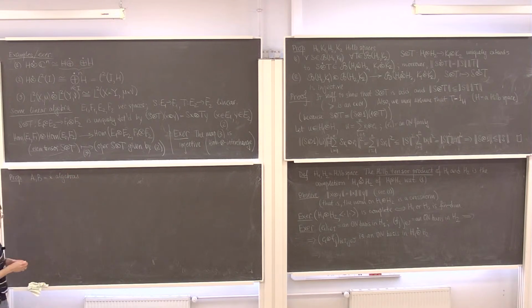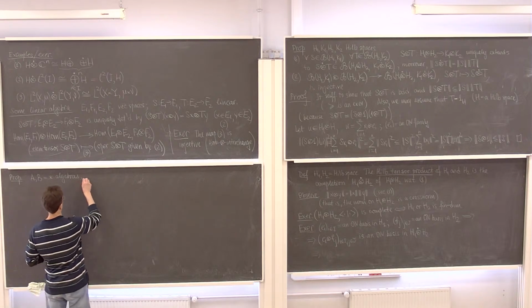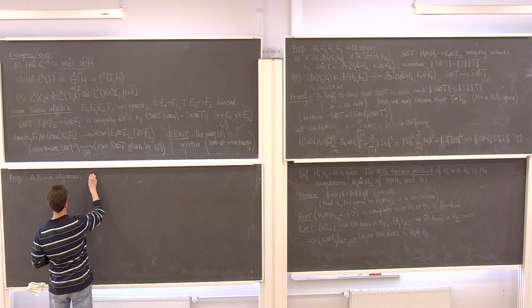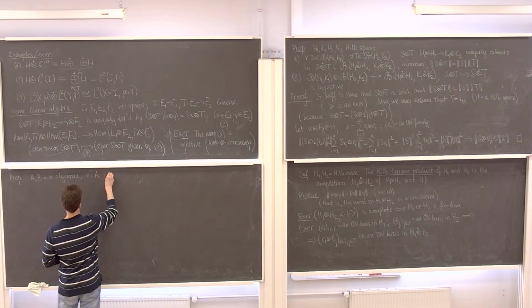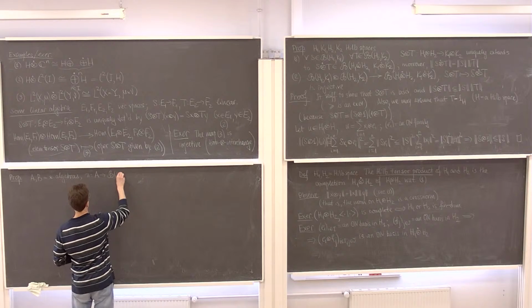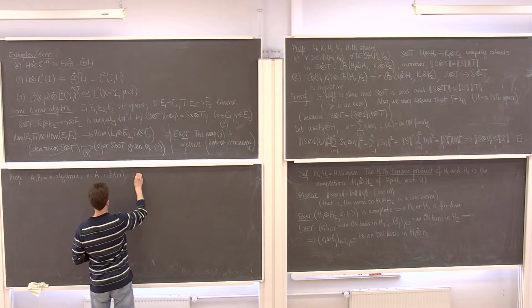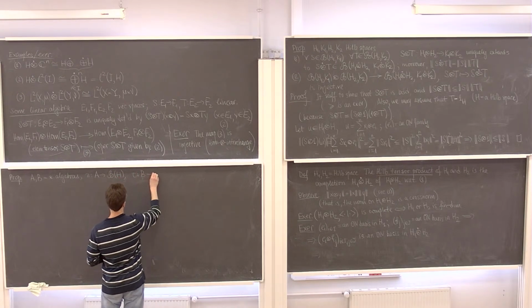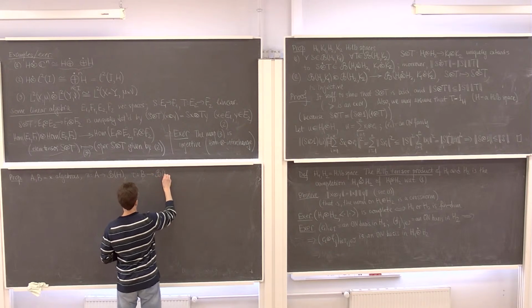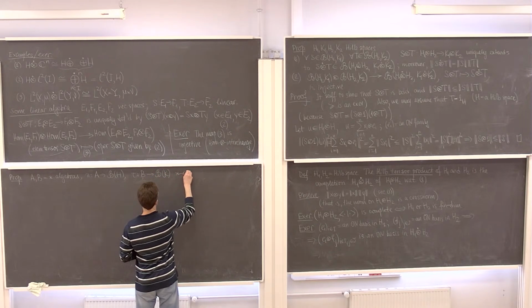At this point, we don't assume any norm, so they are just star algebras without any norm. And we have two star representations, pi of A on the Hilbert space H, and tau of B on the Hilbert space K.